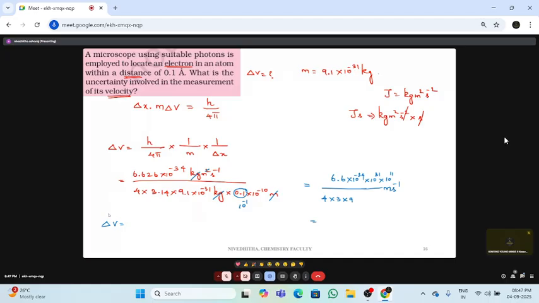No. See, if you simplify these 10 powers, what will you get? It is 10 power minus 34 and 31 plus 11. 11, ma'am. I think 1.